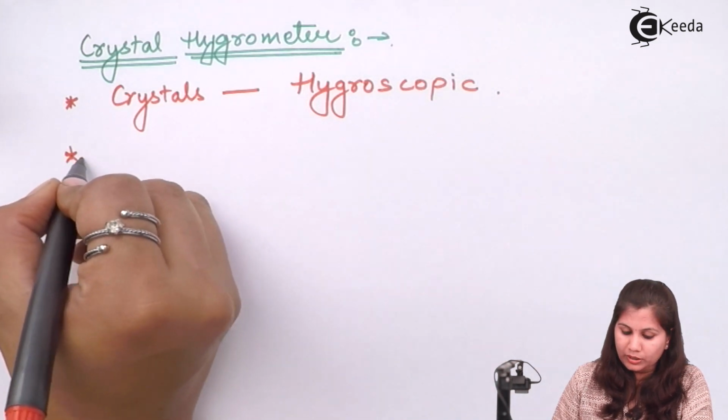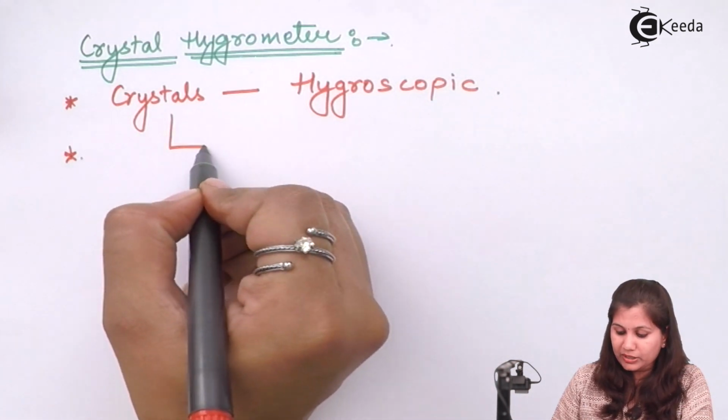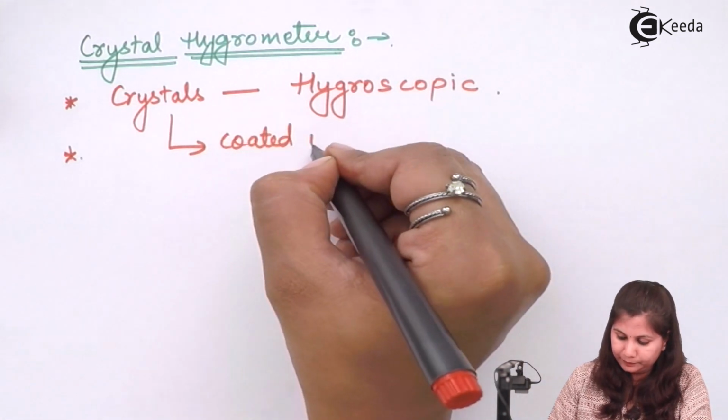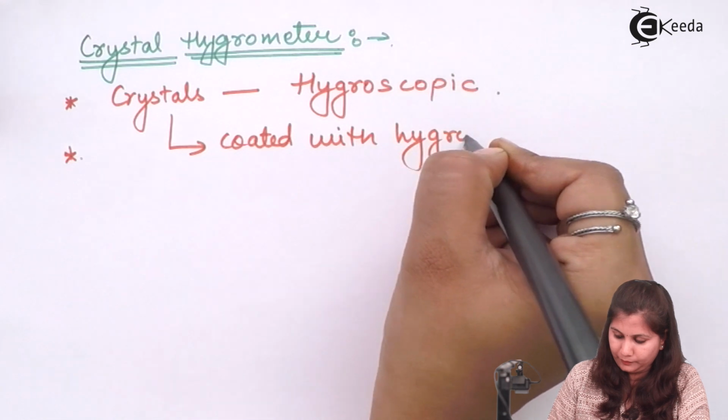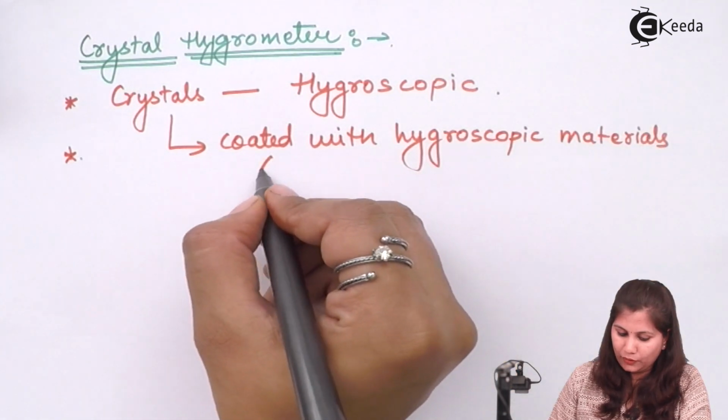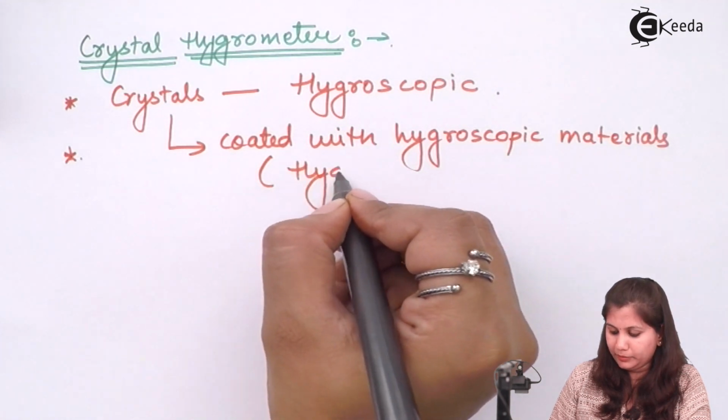Also, there are some crystals which can be coated with hygroscopic materials, and examples of such are hygroscopic polymers.